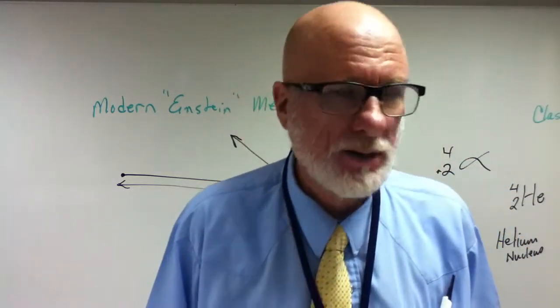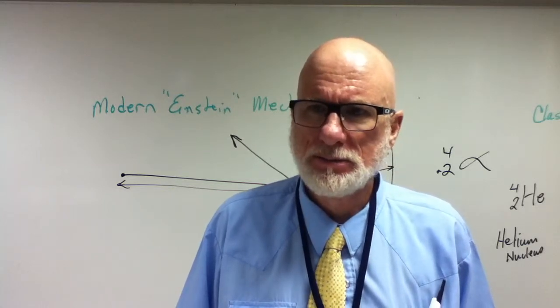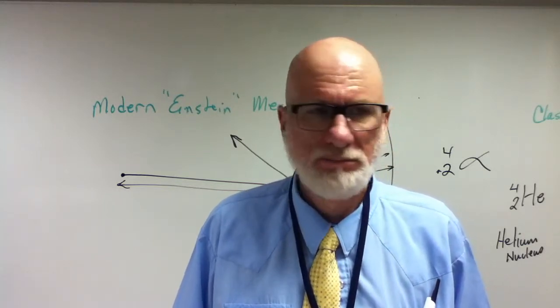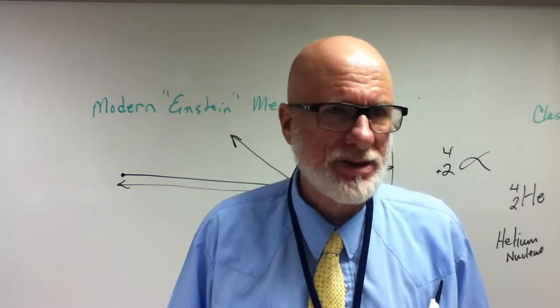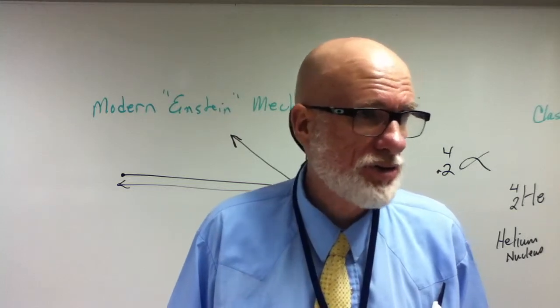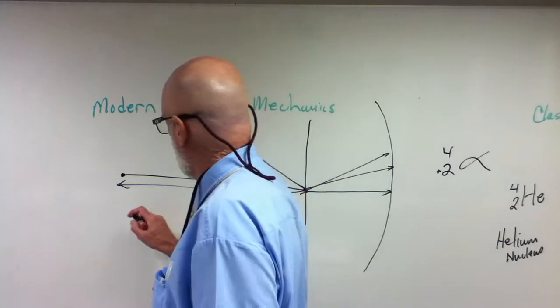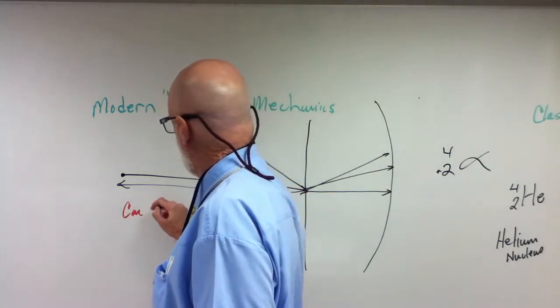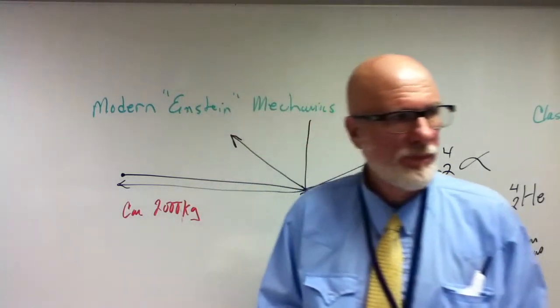Let's take a car. What's a car? Like 2 tons, right? Ish, right? 2 tons, like 2,000 kilograms would be 2 tons, 2,000 kilograms. Is that about right? Okay. So a car, 2,000 kilograms, right?